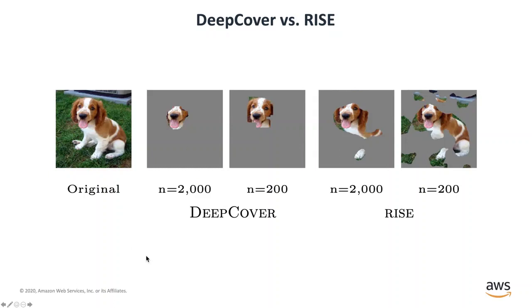One cool thing about doing research around image classifiers is that you get to use cute images of puppies and kittens and so on. What we can see here is that for 2,000 samples, we get a fairly decent explanation. For 200, which is a very small amount of compute used, we still get a pretty decent explanation of what's going on. On the other hand, if we let RISE have only 200 samples, you can see it starts using pieces of the grass and so on. That's an explanation which is clearly not correct.